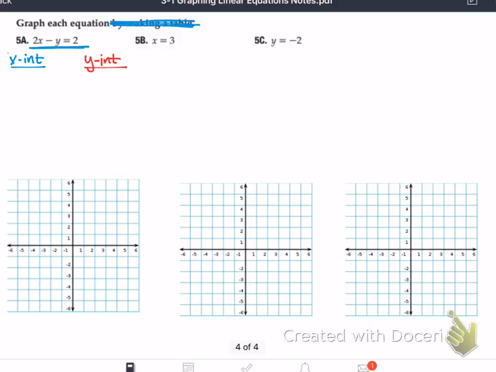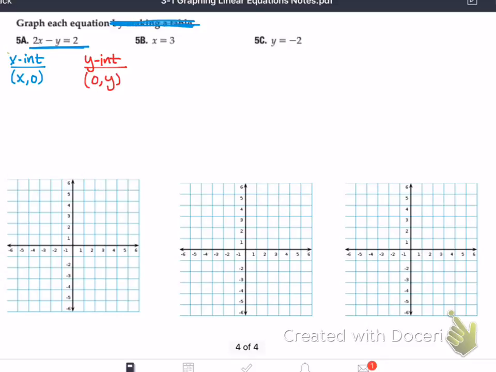Let's go ahead, pause your video real quick, and try to remember what we did for the x-intercept and the y-intercept. If you remember, my x-intercept is going to be some number x, 0, and my y-intercept is going to be 0, some number y. Those are the numbers I'm going to plug into the equation 2x minus y is equal to 2.